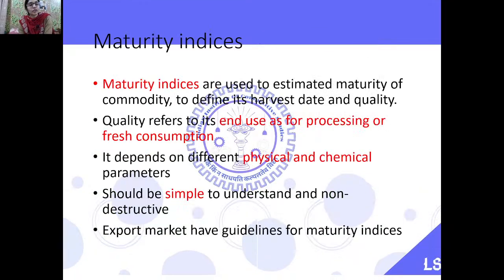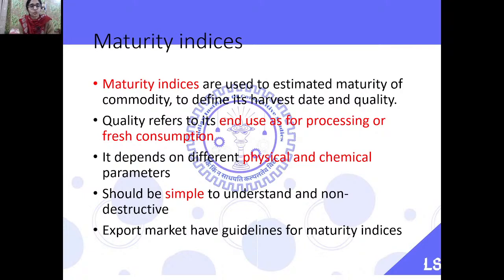Then the maturity indices, as I told you, are certain quality criteria which have been set by the farmers, or by experience, for what should be the estimated maturity time for a commodity, which is going to give you a quality product, right?